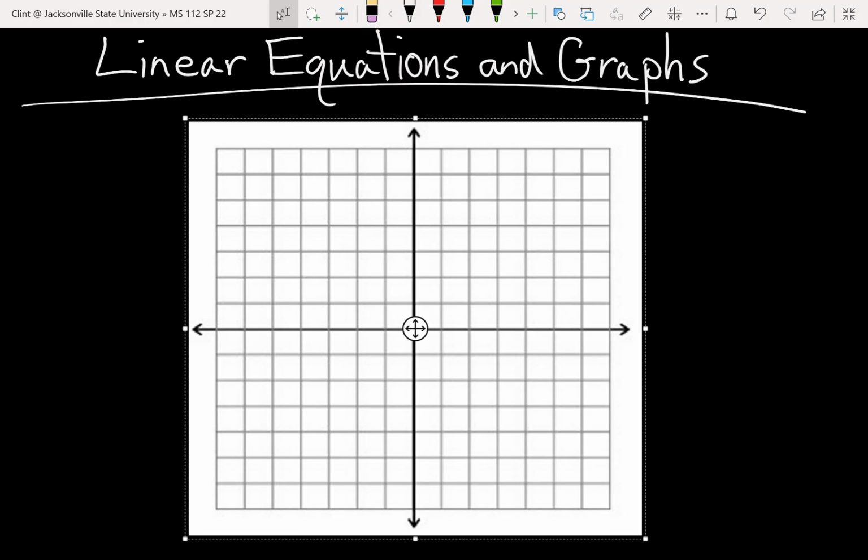It's just the first 2 sections out of it. For this section, I'm pulling topics from the preliminary chapter and from the section on actual linear equations, and from several places, so it doesn't match up exactly with one of the sections in the book. So I just gave it the name linear equations and graphs, and that's what the assignment's called too.